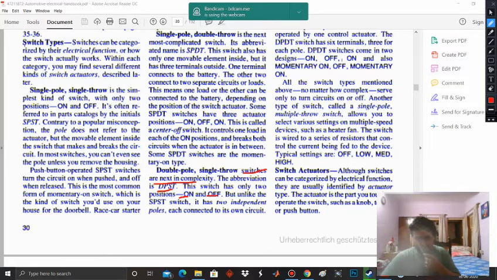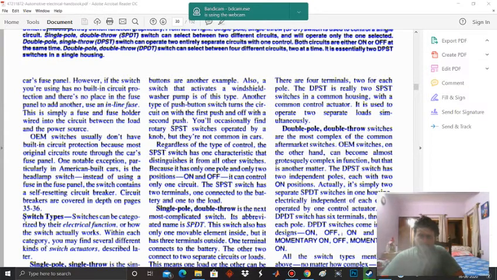But unlike the SPST switch, it has two independent poles, each connected to its own circuit. So there are 4 terminals: 2 for each pole and the next 2 for the connecting terminals.